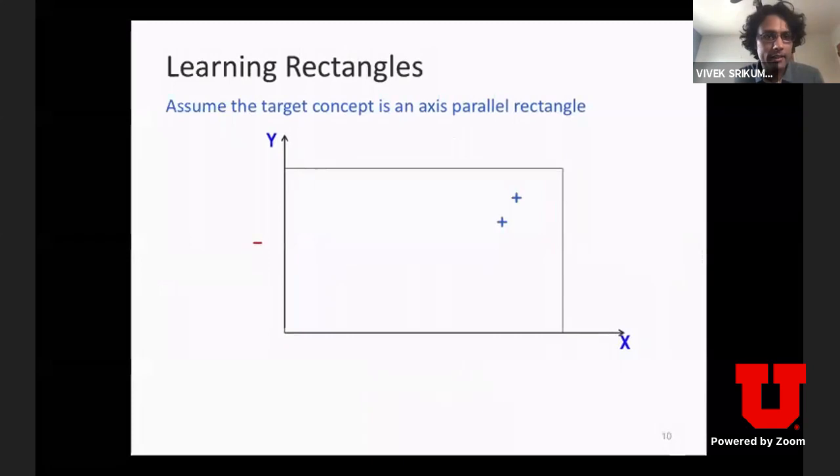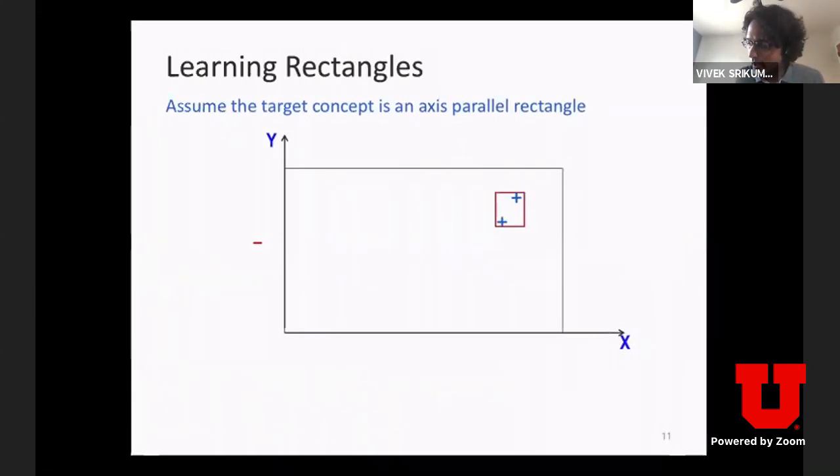Maybe you're given a data set that looks like this. So you have positive points and negative points. And so that we remember what the true concept is, I've got the true rectangle on the slide. Based on this, maybe a reasonable classifier is a rectangle that goes around all the positive points.